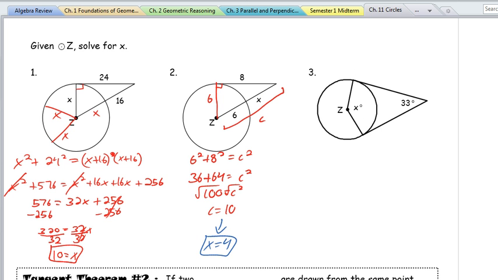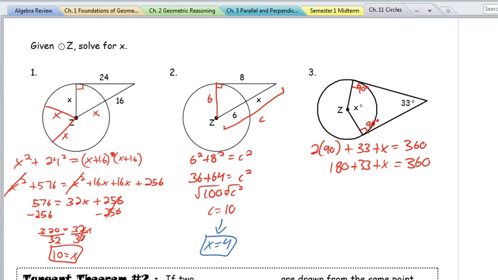Moving right along. In number 3, again, you see those tangent lines. Anytime you see that, you know there are going to be right angles right here. So we already know that's 90 degrees. Here's 90 degrees. It's a four-sided figure, and you already know there are 360 degrees in a four-sided figure. So we have two 90s plus a 33 plus x equals 360.